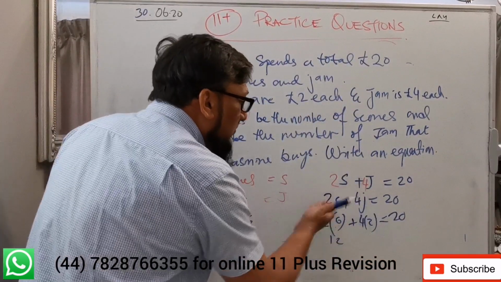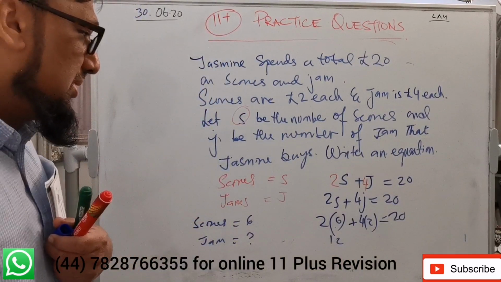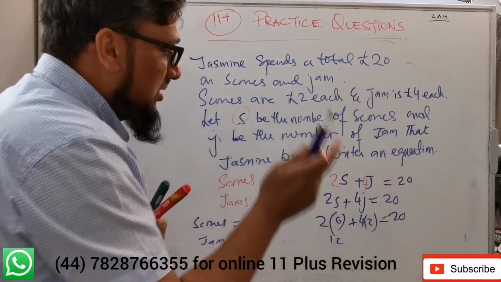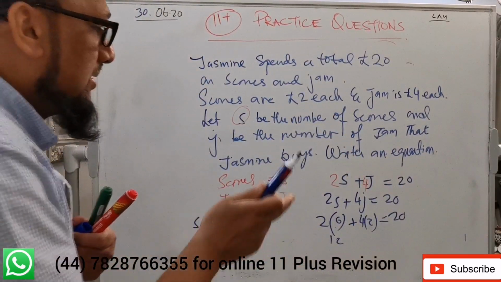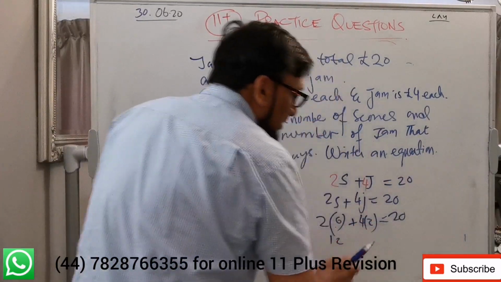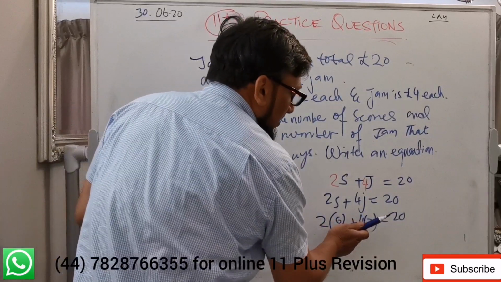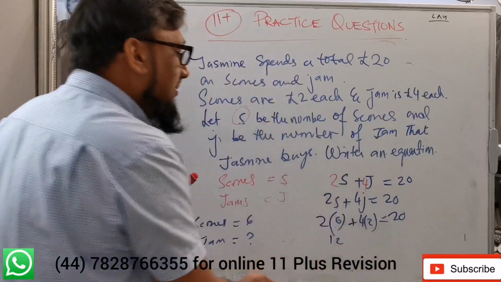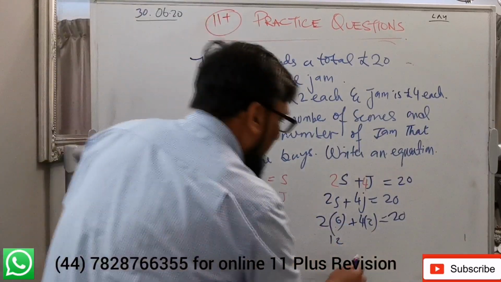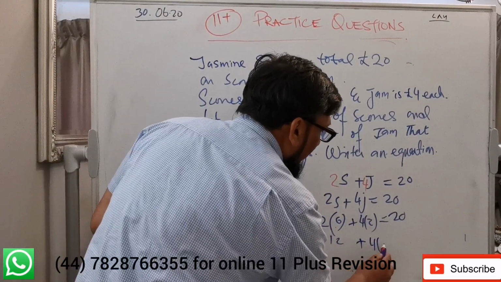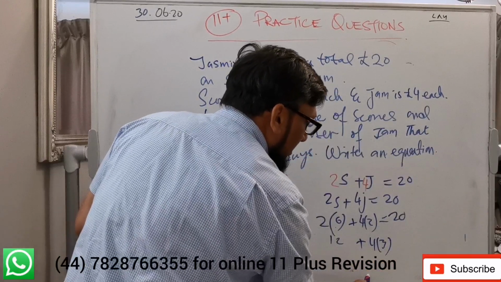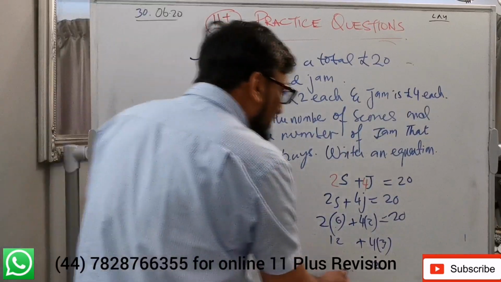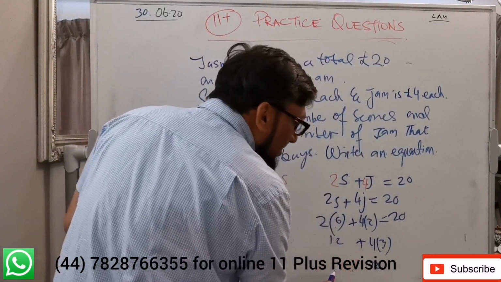So you can make different combinations. For example, if she buys 3 jars of jam, 4 times 3 is 12, so the remaining is only 8 pounds.